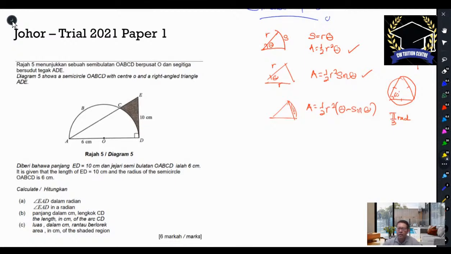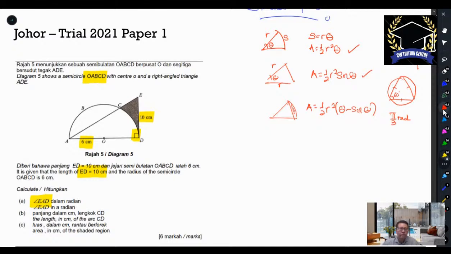Diagram 5 shows a semicircular disc with center O and a right angle triangle, which is 90 degree. Given that the length of ED is 10, and the radius of the semicircle is 6 cm. Find the angle of EAD.